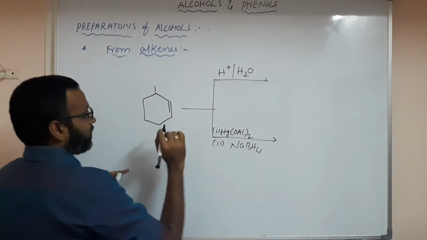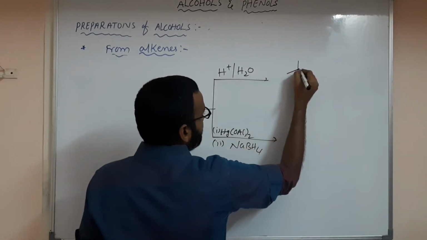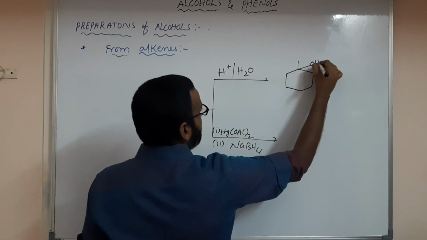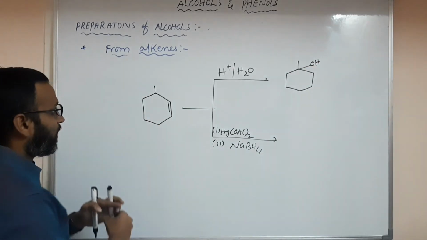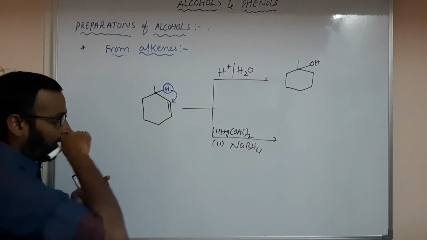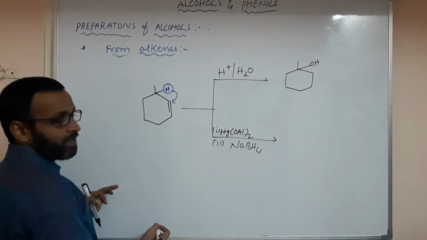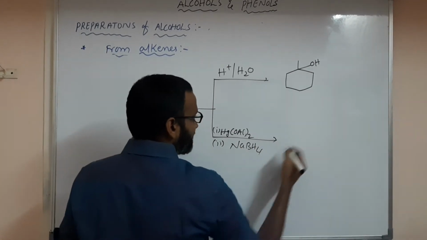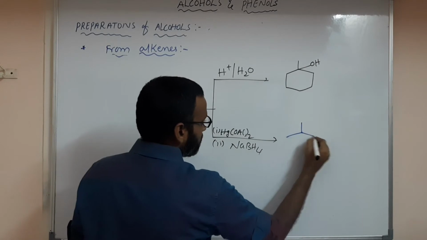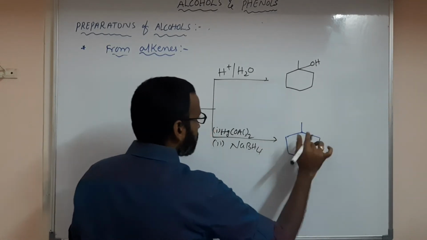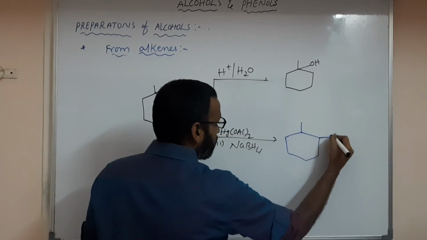Remember, what will be the product here? Certainly you have OH at this particular place. Why? Here you have hydrogen, and this hydrogen will migrate here as a hydride. That happens normally, but when you use oxymercuration, the selective product means methyl won't shift or hydrogen won't shift, and OH will come here.